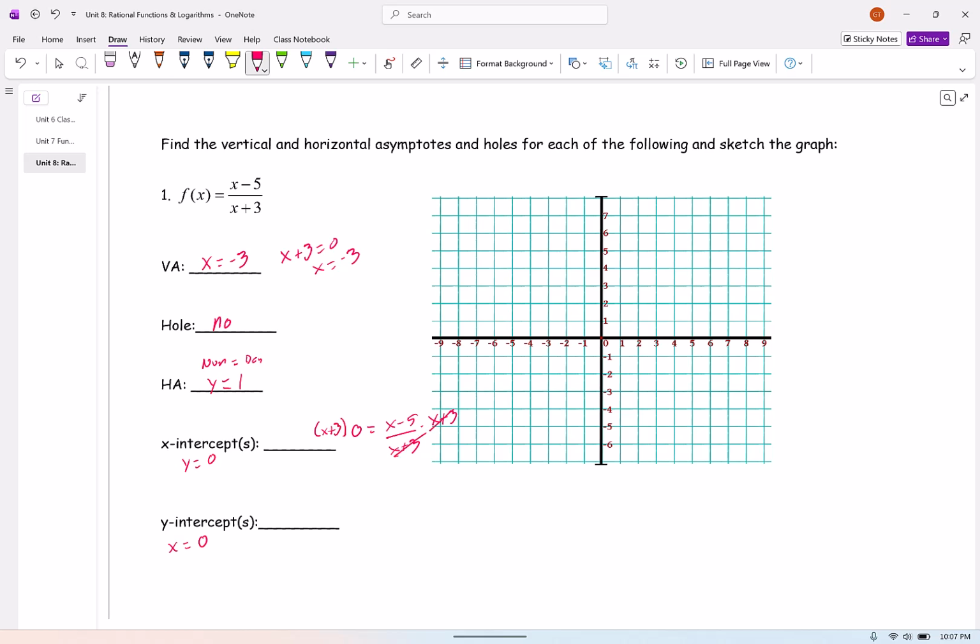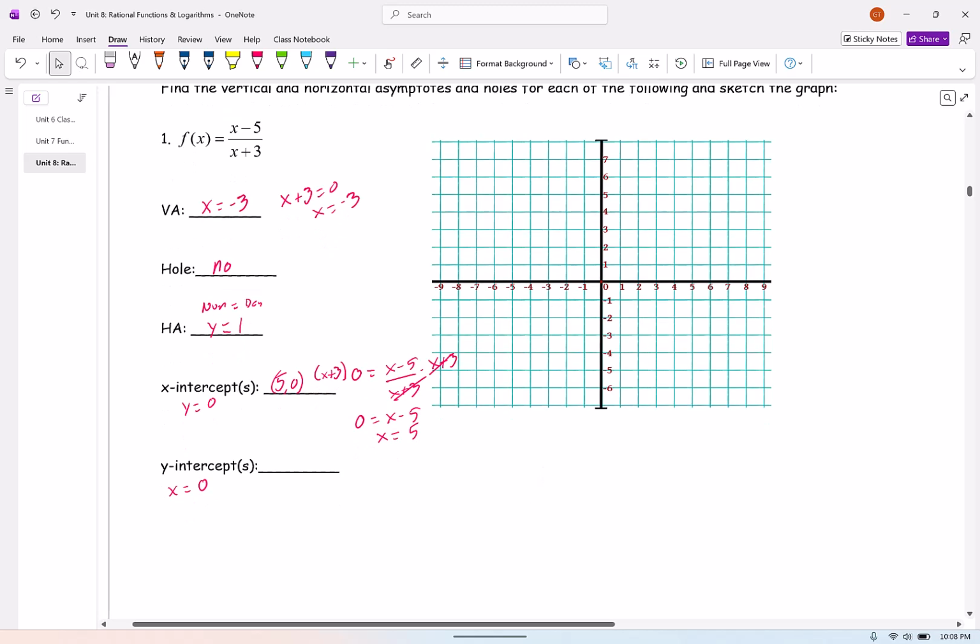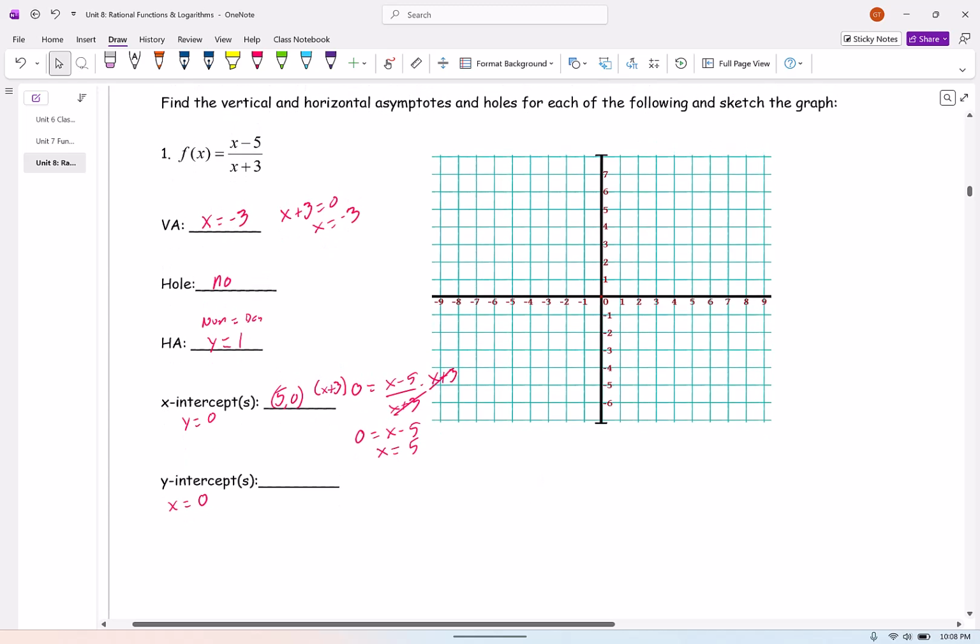Those will cancel out. That will still be 0. So we got 0 equals x minus 5, x equals 5. So if I got 5 and 0, that will be my x-intercept. And my y-intercept is when I put x as 0.